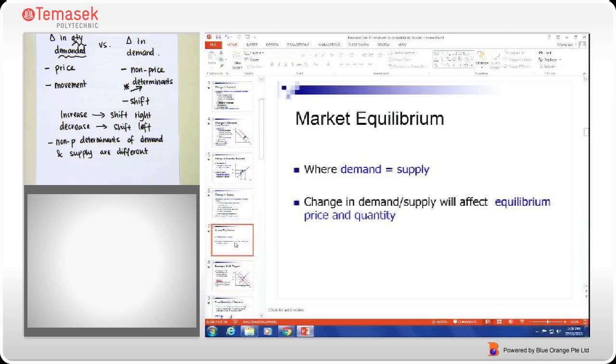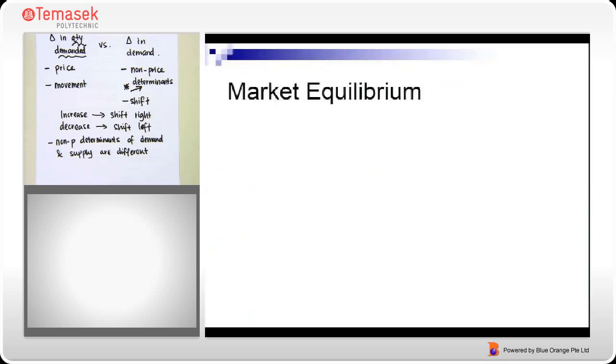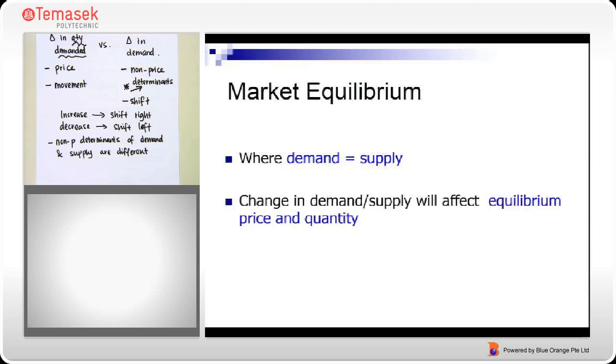So what is equilibrium? Equilibrium is when quantity demanded equals quantity supplied.